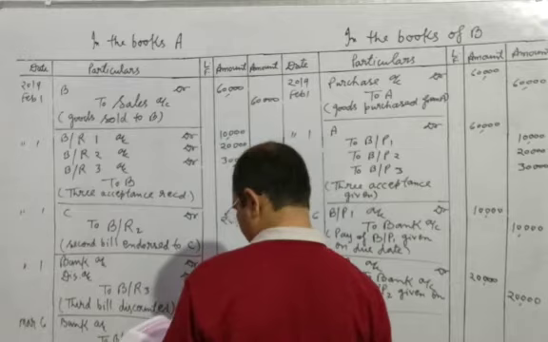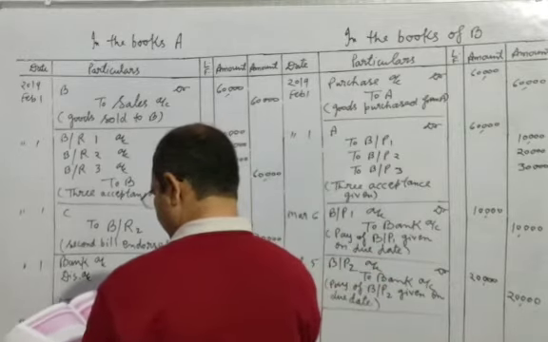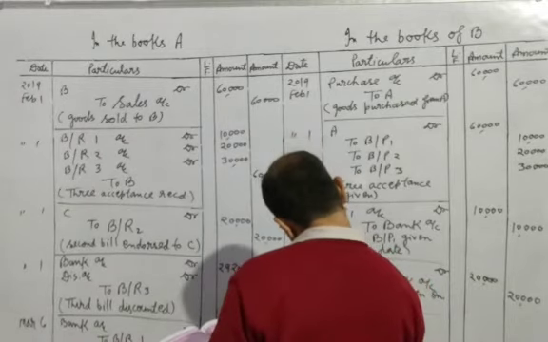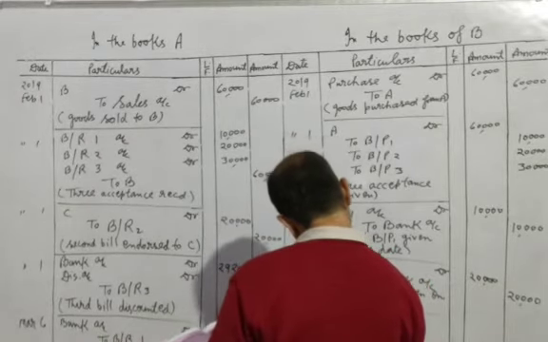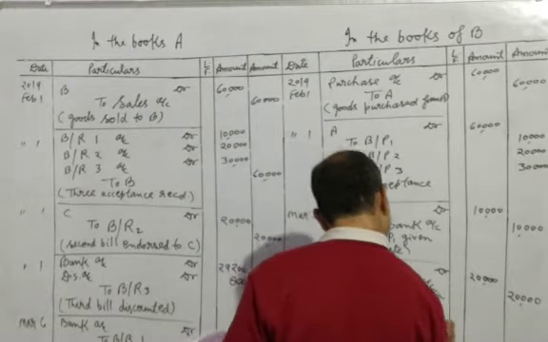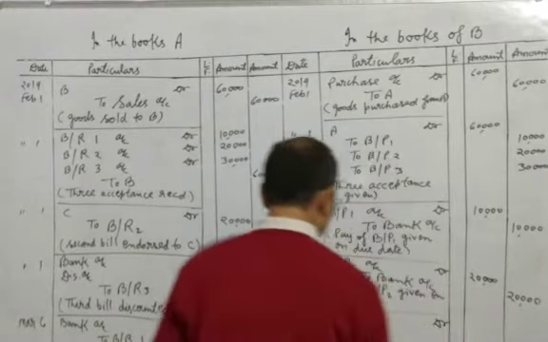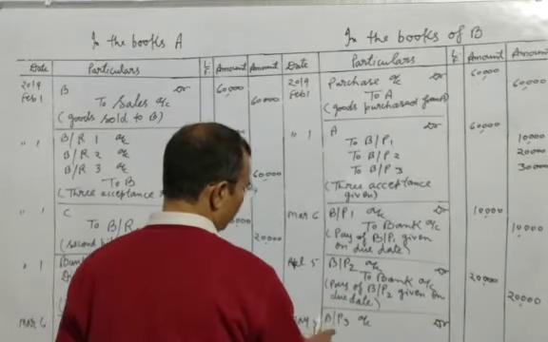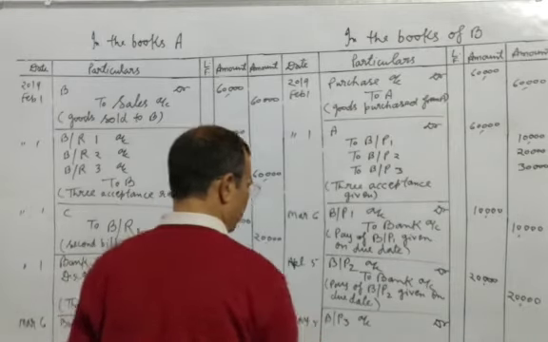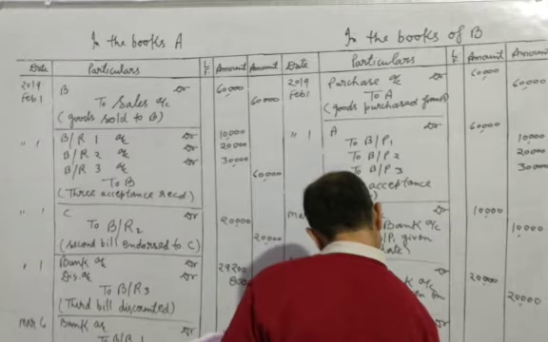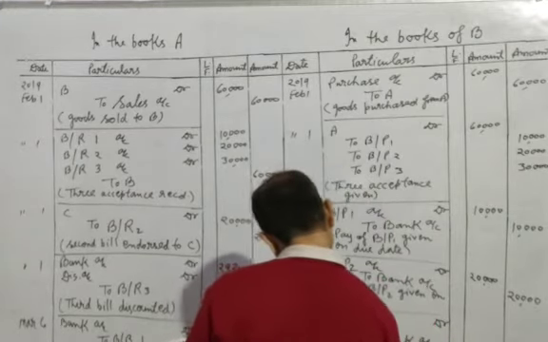May 5, because the third bill's duration is 90 days. So the entry will be the same, but BP3 would be written here. BP3, who will give BP3? The bank's employee will give BP3 to B. So B will get BP3 account debit to bank account.